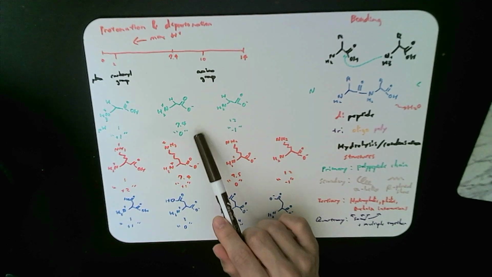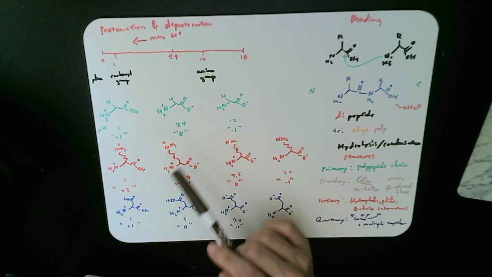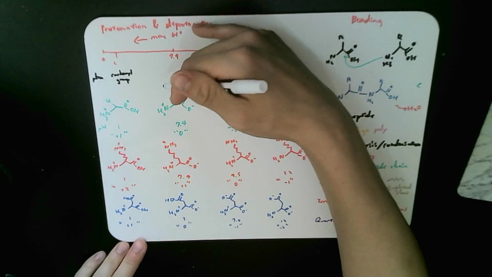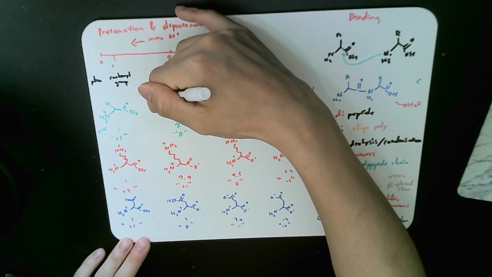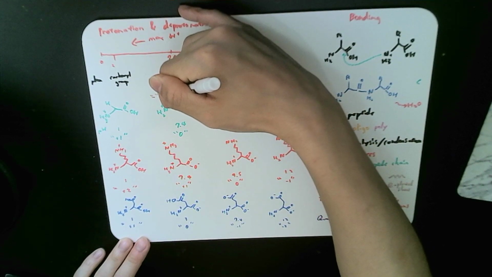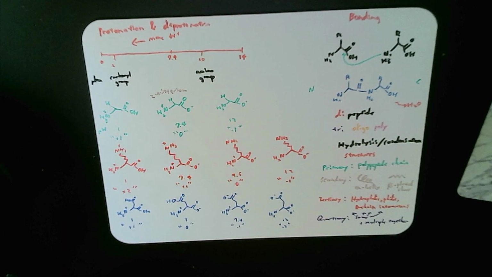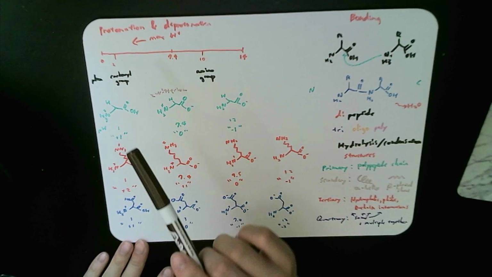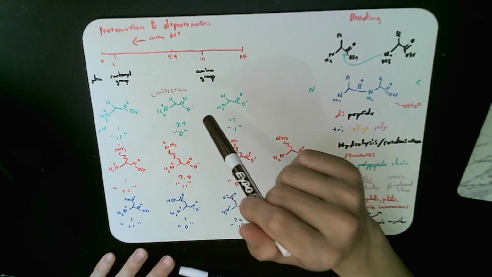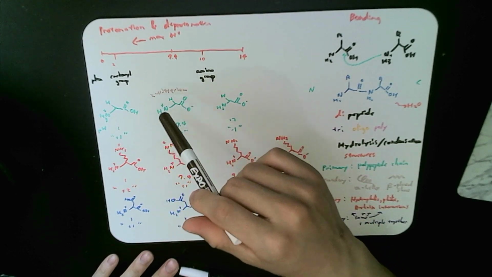So at 7.4, we have what's called a zwitterion. Zwitterion. Because it has both positive and negative charges on it at the same time.